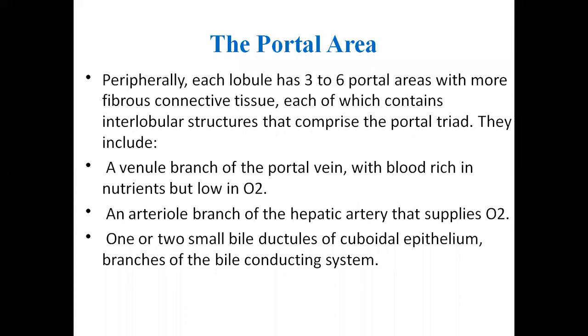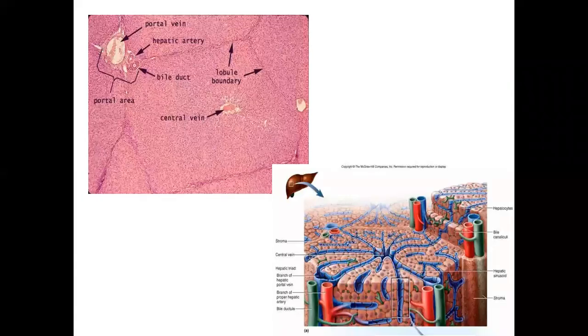The branch of the portal vein contains blood which is rich in nutrients but low in oxygen, while the branch of the hepatic artery, present in the portal triad within the connective tissue, contains blood which is rich in oxygen. There are also one or two small bile ductules of cuboidal epithelium, branches of the bile conducting system.